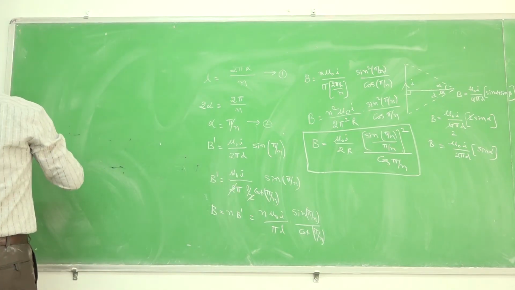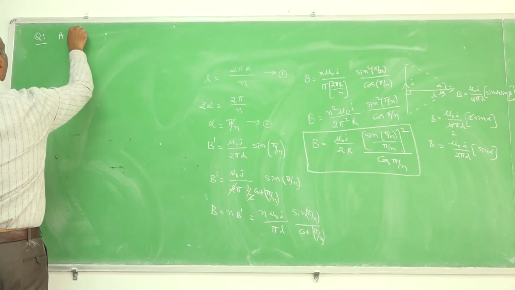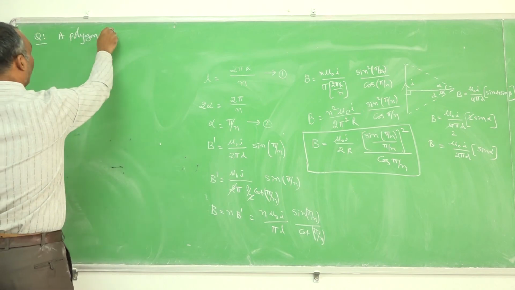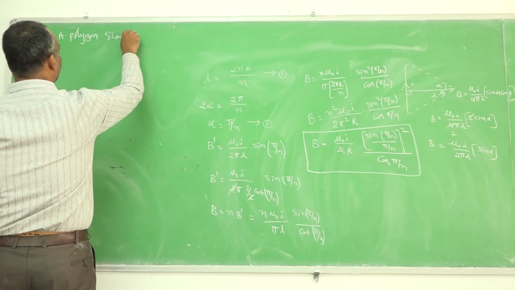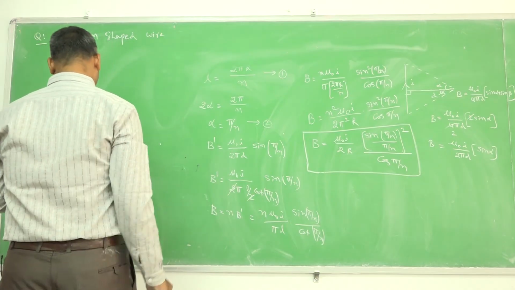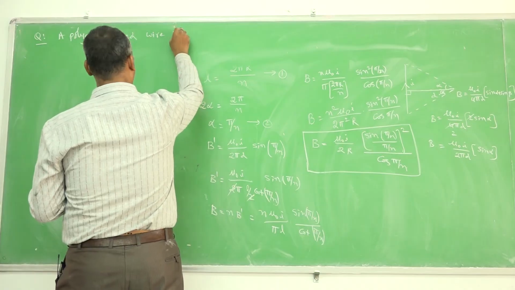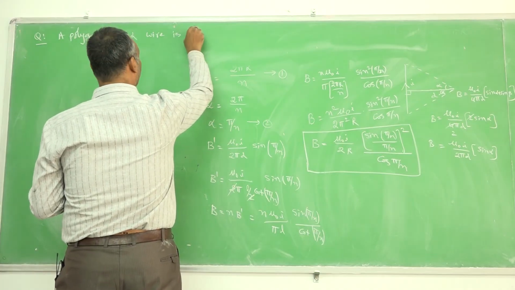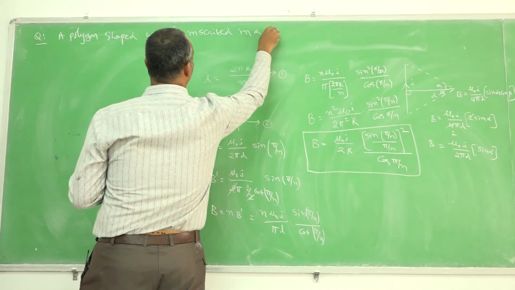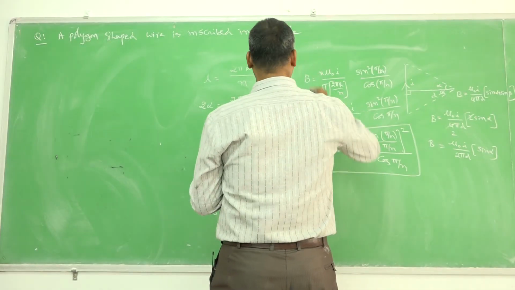The question says, a polygon shaped wire is inscribed in a circle of radius r.